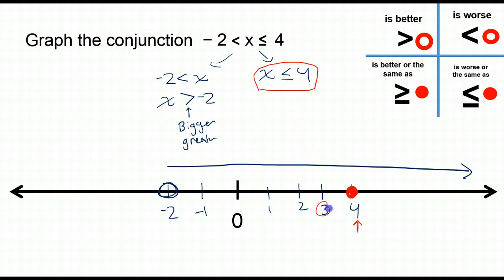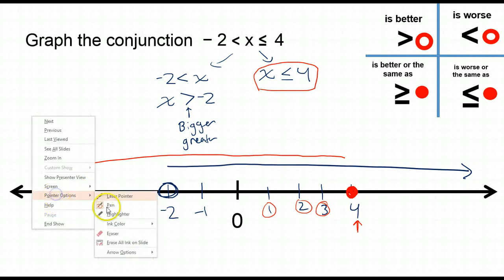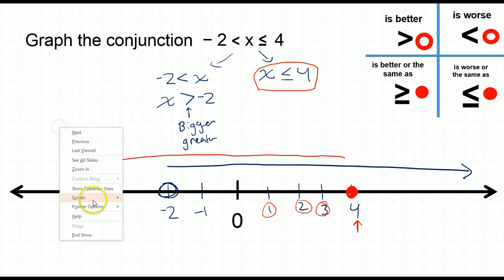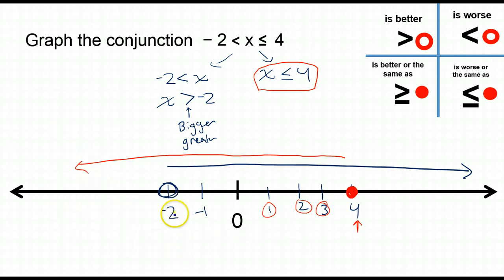So 3 comes to mind, and 2 and 1. So again, there's a little bit of an overlap here. If you want to use any colored pencils, I encourage you to do so. Like I said, if you want to use arrows, you can. This little area right here is the overlap between these two numbers.